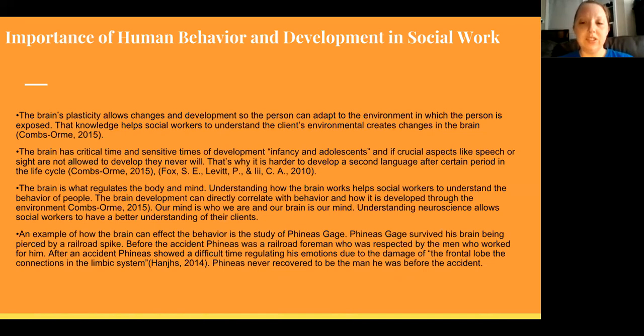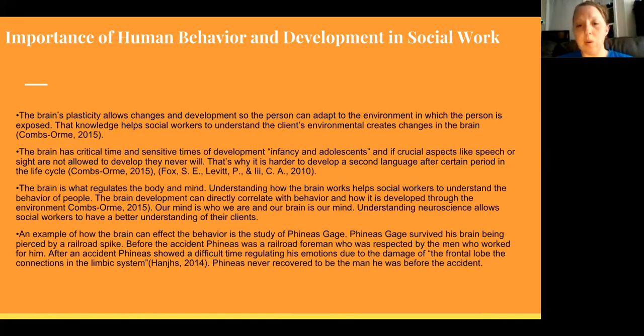Phineas Gage survived his brain being pierced by a railroad spike. Before the accident, Phineas was a railroad foreman who was respected by the men who worked for him. After the accident, Phineas had a difficult time regulating his emotions due to the damage to his frontal lobe connections to the limbic system.